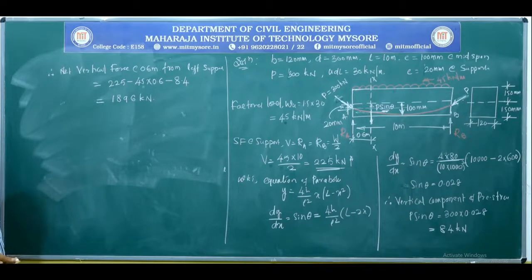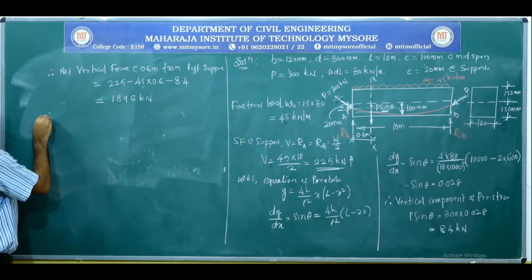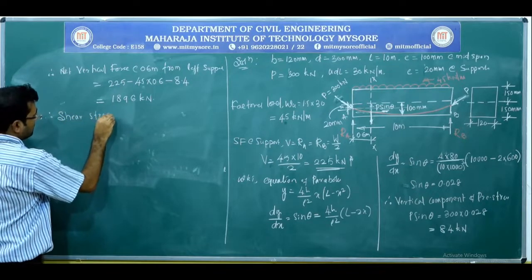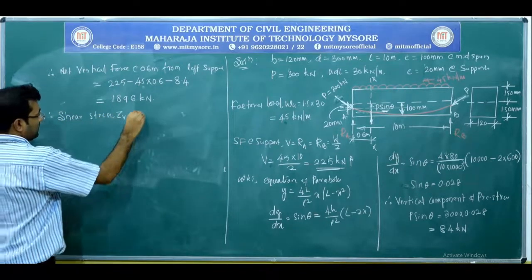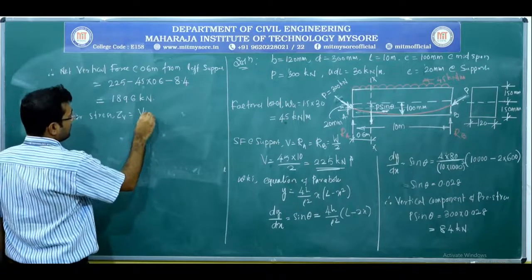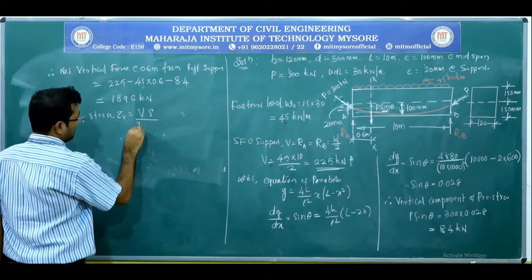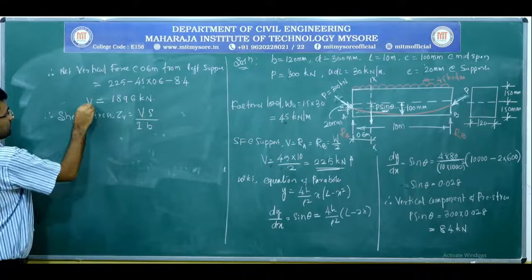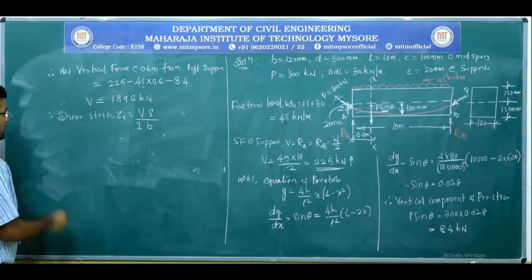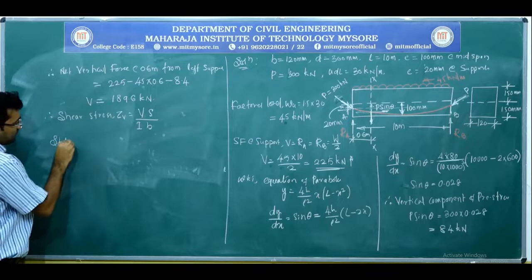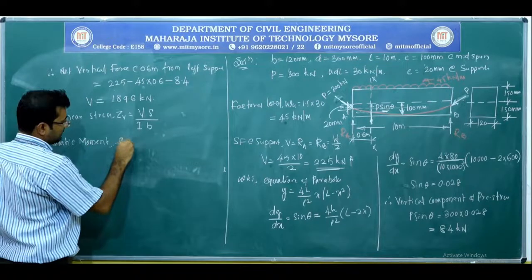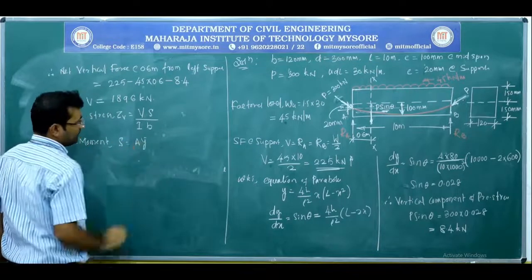Now here we need to calculate the shear stresses. Therefore, shear stress tau is equal to net shear force into static moment divided by moment of inertia into b. So we know that V is 189.6 kilonewton. Static moment S is equal to A into Y bar.